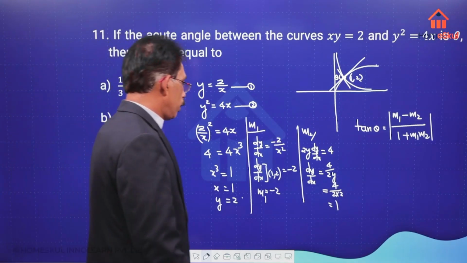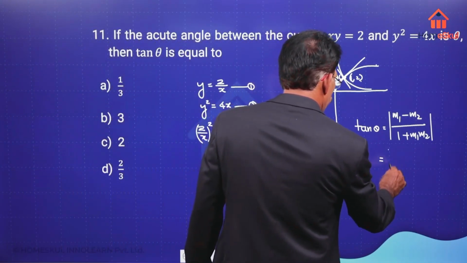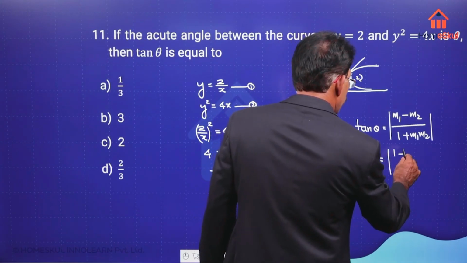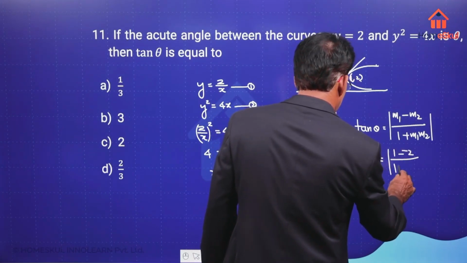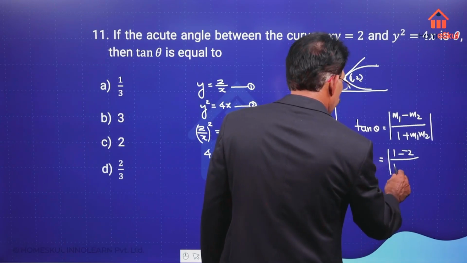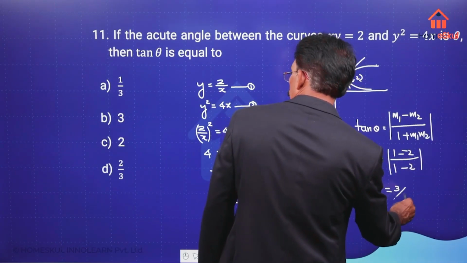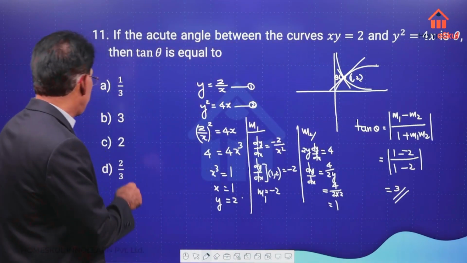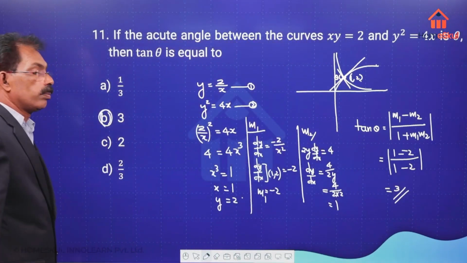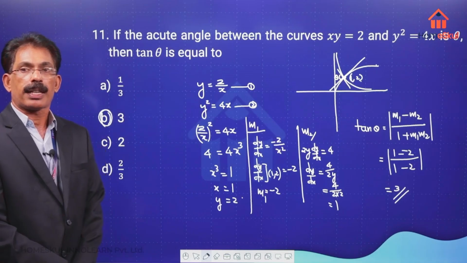So that is the modulus of 1 minus 2 divided by 1 plus 1 minus 2 here. That is equal to 3 by minus 1, which is 3. So which is the correct answer? B option. B is the correct answer.